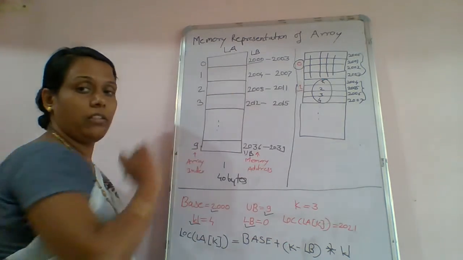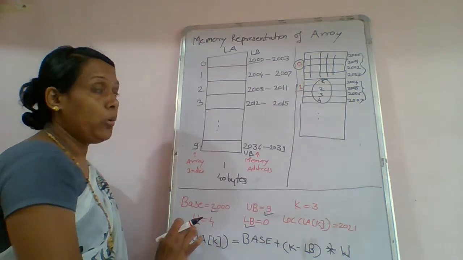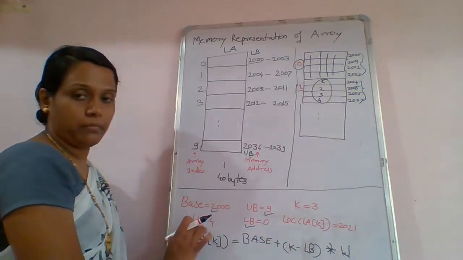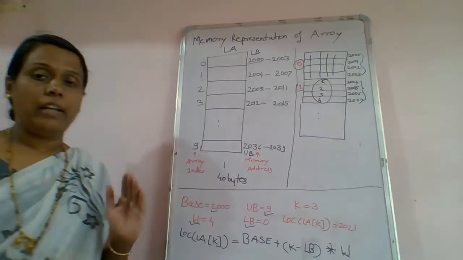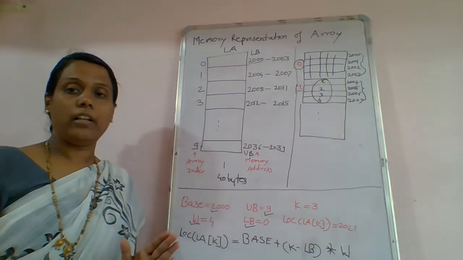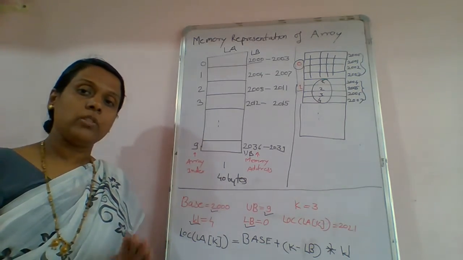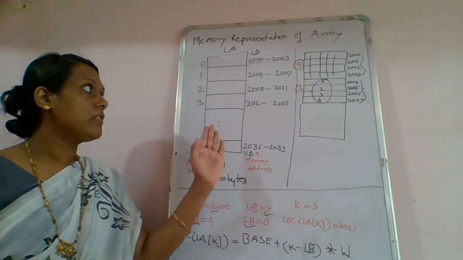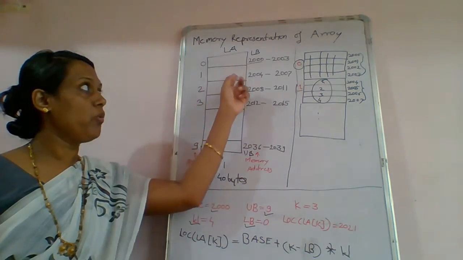So the width of a particular location of the array is 4 bytes. And as it is an array data structure, all the elements in an array consist of the same data type. So all the locations of the array have the same width, that is 4.